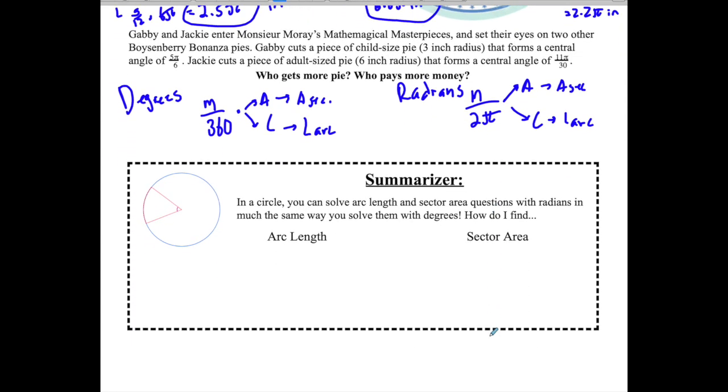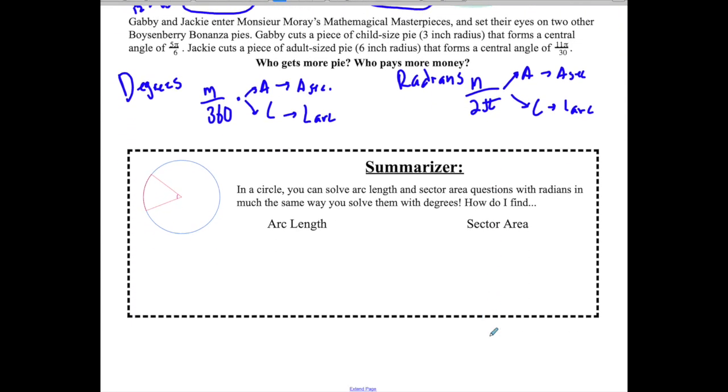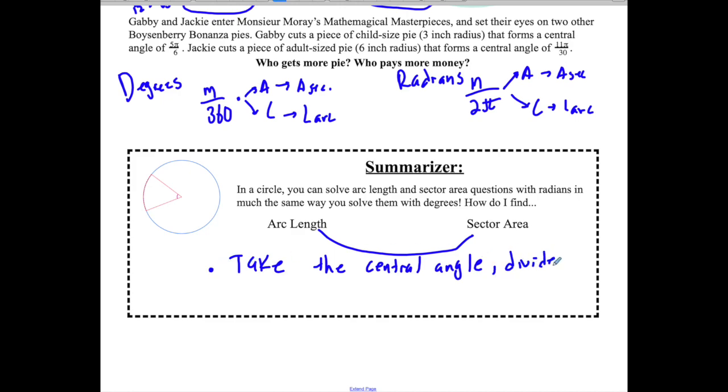All right, so to summarize, in a circle, you can solve arc length and sector area problems with radians in much the same way you do with degrees. How do you find these two things? You take the central angle, and you divide by 2 pi.